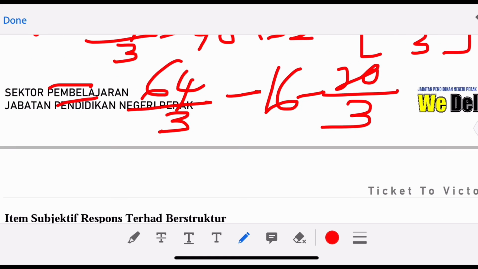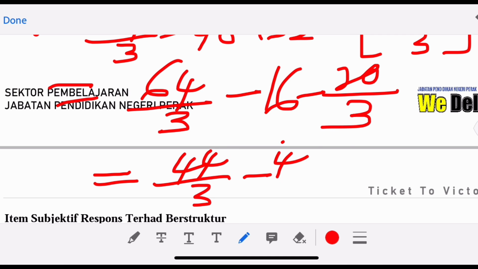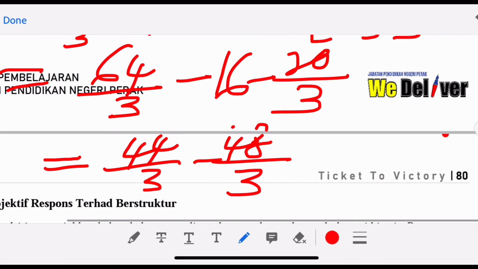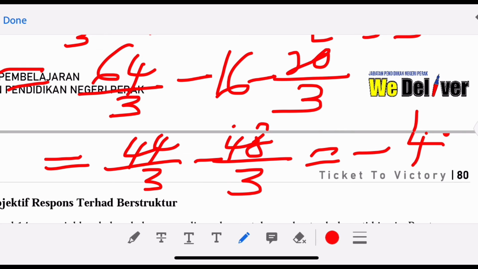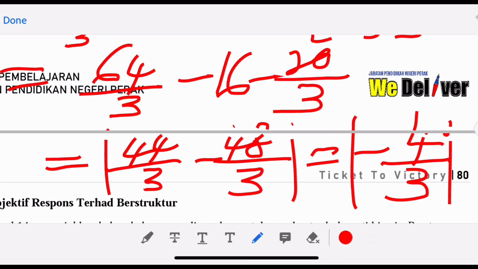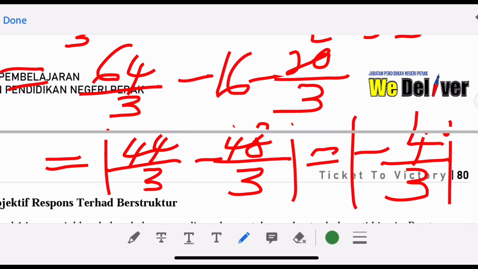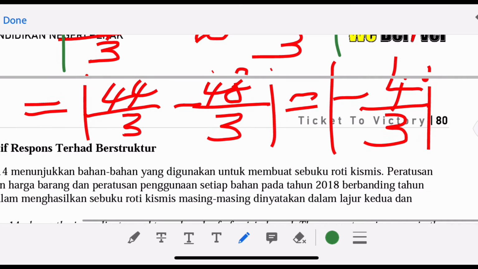So we expect the answer to be negative. So here we have 64 minus 20, so 44 over 3 minus 16 will be 48 over 3. So we will get the answer negative 4 over 3, but we need to take the modulus of the answer, right, to make it positive, because this is something to do with the area.